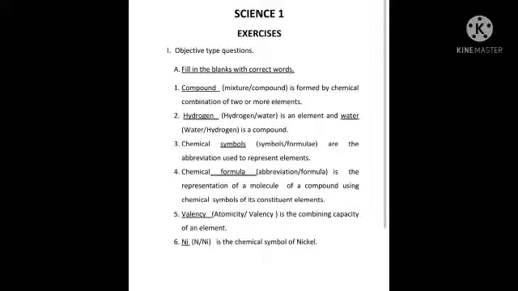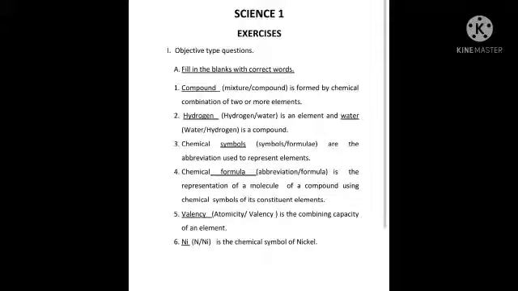Okay, which out of the following cannot be broken down into simpler substances by chemical means? So what's the answer? Option given as element, compound, mixture, molecule. So that is element, is it?